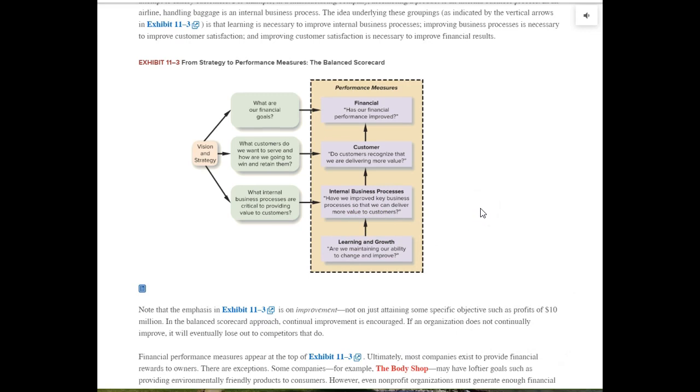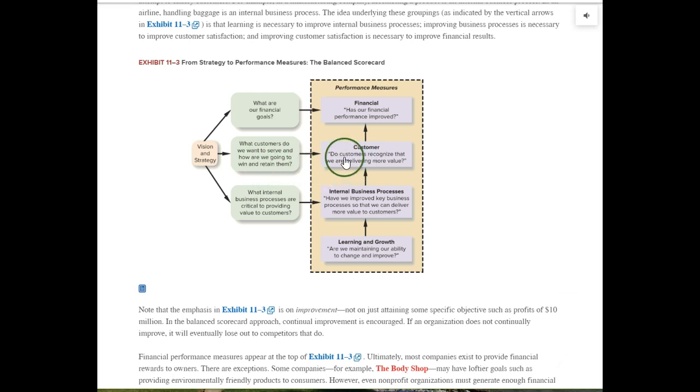Now, to try to set up your goals and performance measures, you first start with your vision and strategy for the company. And out of that, you might have some financial goals. What are they? Performance measures, one question: has our financial performance improved? Again, out of vision and strategy, what about your customers? What customers do we want to serve, and how are we going to win and retain them?